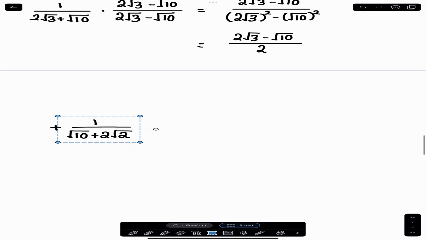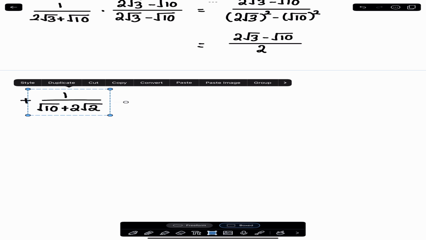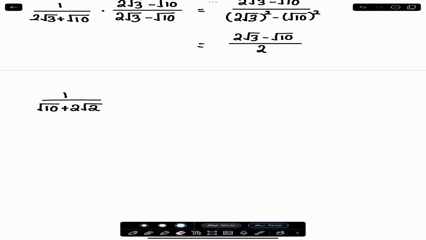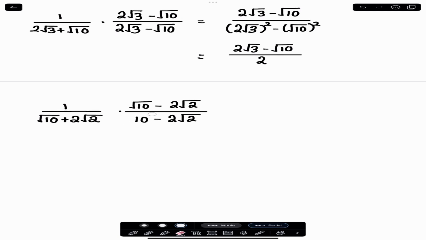And the final term, this one over here, sorry, I don't like how that looks. It's a little squiggly.